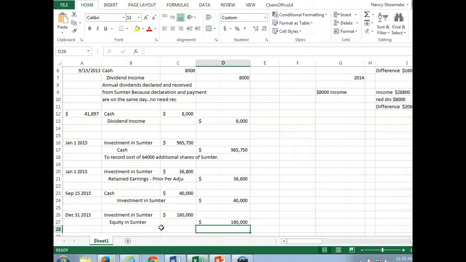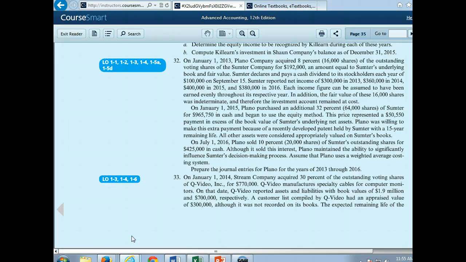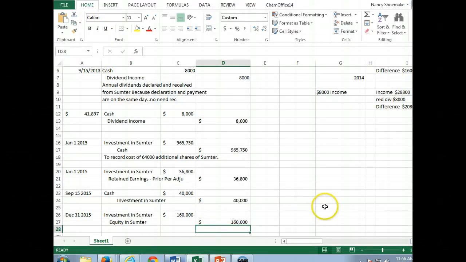Now, when they purchased this additional 32%, 50,550 of it was excess due to an asset. So 50,550 is a patent that is going to be amortized over 15 years. Okay? So we need to take into account this patent.